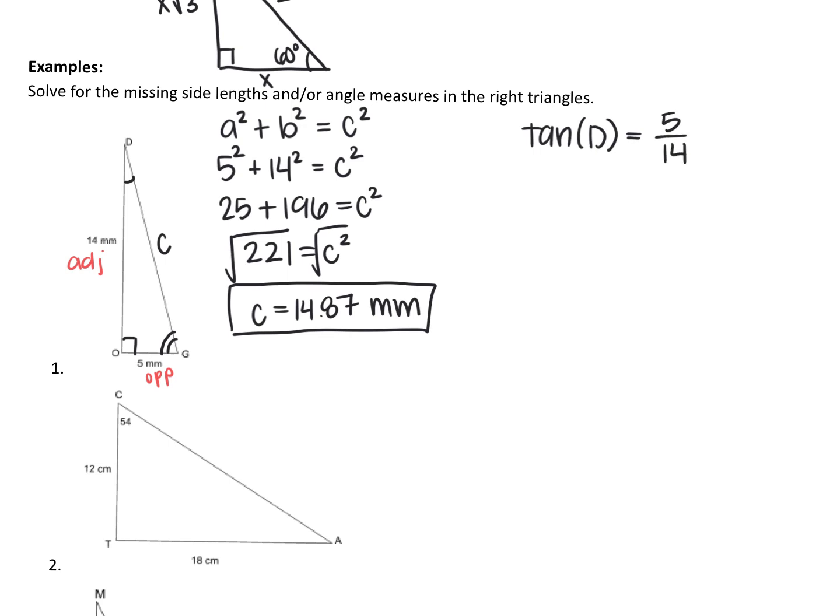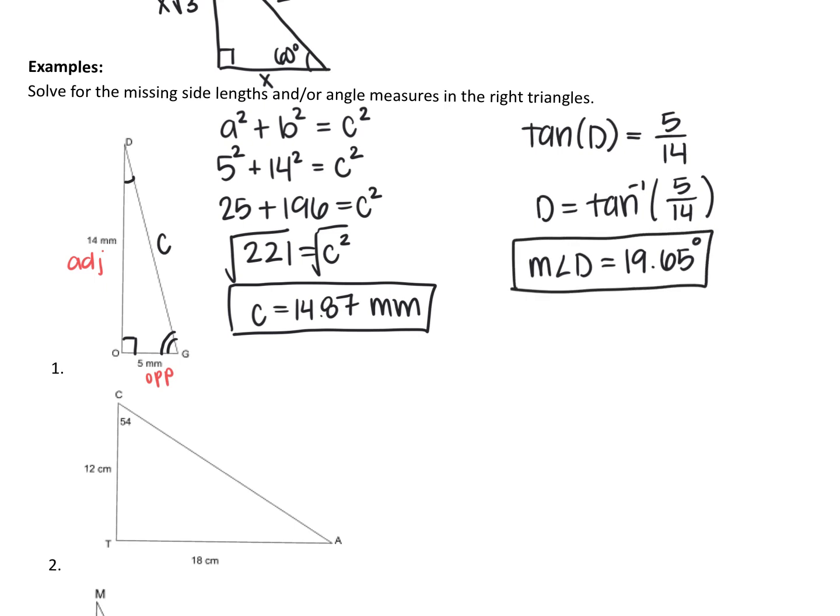To solve for the measure of angle D, I take the tangent inverse of both sides. So D equals the tangent inverse of 5 over 14. In the calculator, you hit second and then tangent, and it'll give you the tangent with the little negative 1, 5 over 14. I hit enter, and I get that the measure of angle D is 19.65 degrees.